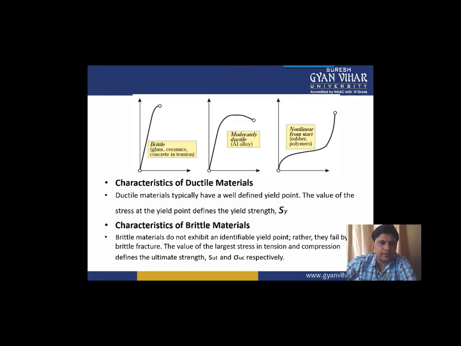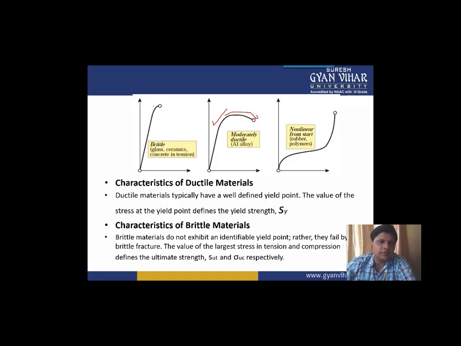Now, as I have told you, in ductile materials you will get this complete stress strain diagram. This one is a ductile material graph, so it has gone beyond this point.